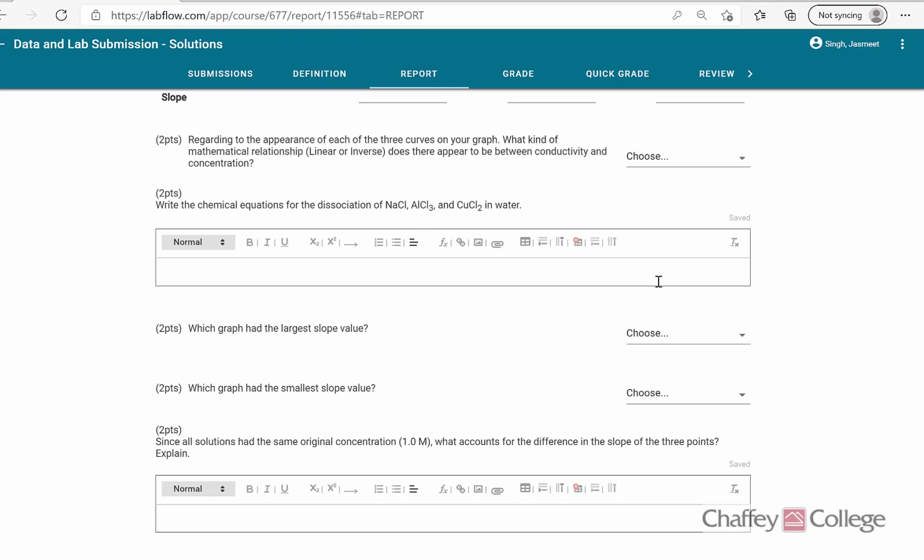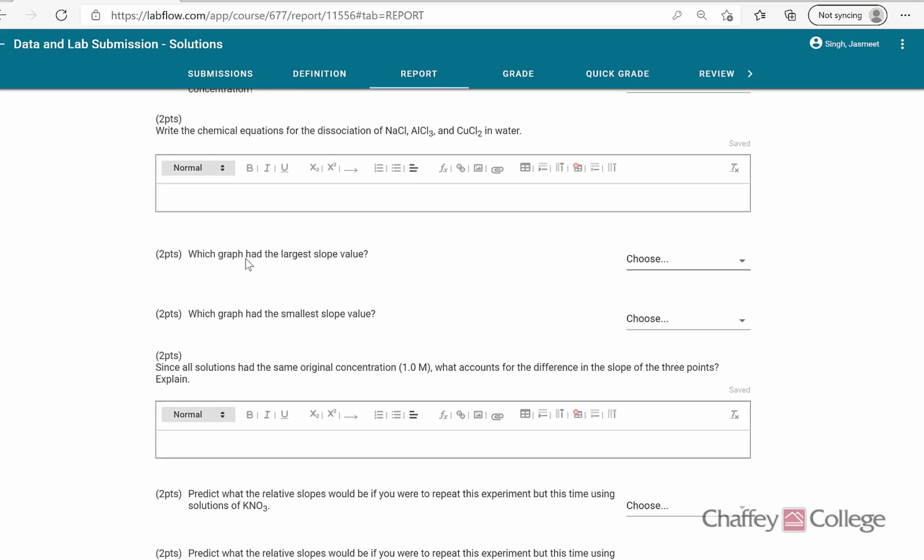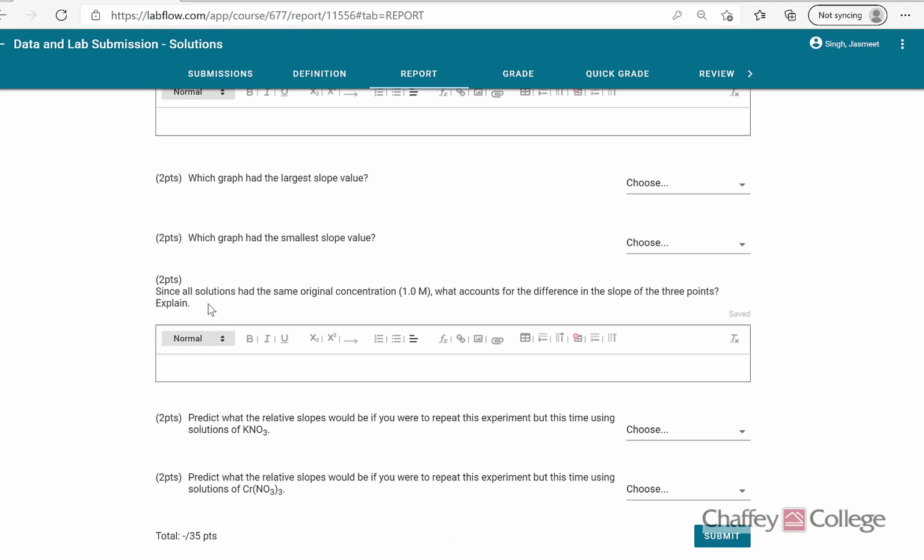So write down the dissociation equation, and then which graph had the largest slope value, so choose accordingly. I'm not going to reveal the number at this point, so you have to use your own slope values and then select whichever gave the largest slope value, or they may all be the same, we don't know. And then which graph has the smallest slope value.